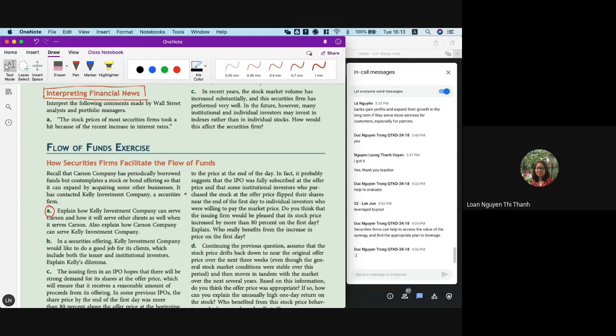How the security firm can serve the customer and vice versa. Okay, you can base on the services, main services, or the role of the investment banking or security firm. We have the hinting is to facilitate the flows of fund.